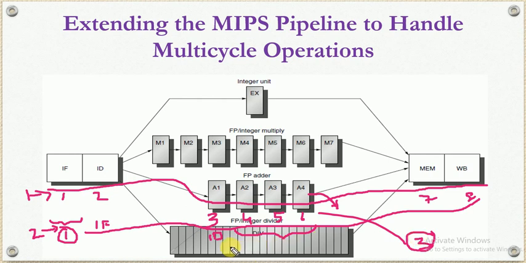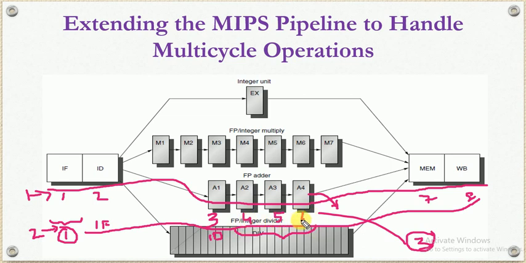For the first instruction: instruction fetch, decode, then the various stages of addition, then it will produce the result, then it will go to the memory and write back stages. Second instruction: in the second clock cycle instruction fetch, third clock cycle instruction decode, and in the fourth clock cycle it is expecting EX, but the result is not available, so it has to wait until the completion of the sixth clock cycle.